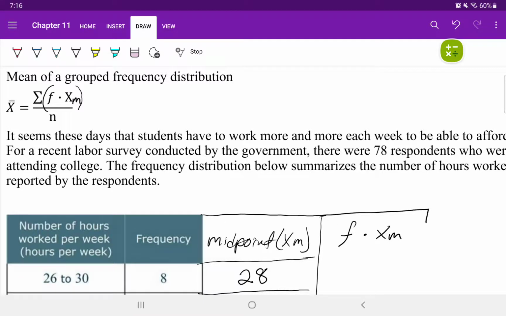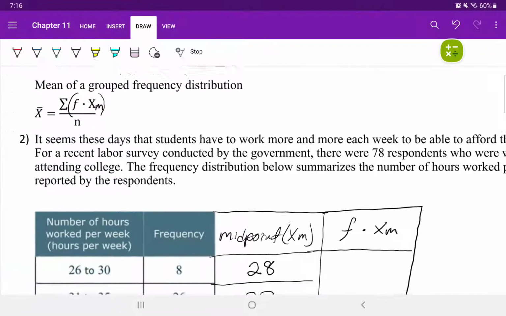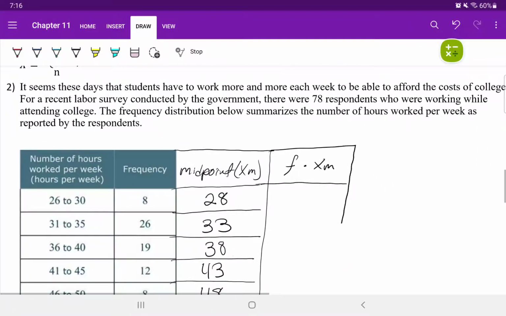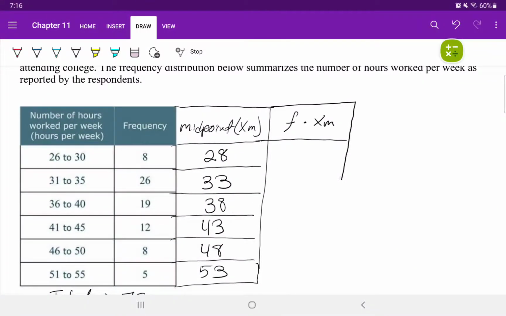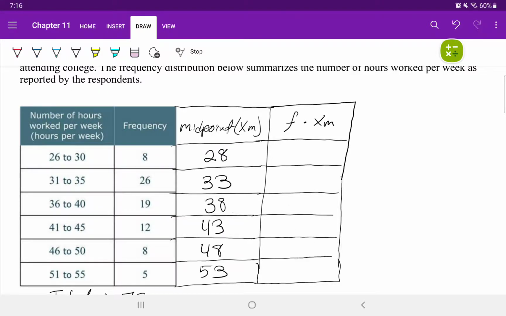So let's create another column for frequency times midpoint. F is frequency. So frequency times midpoint. Multiply each frequency and midpoint.